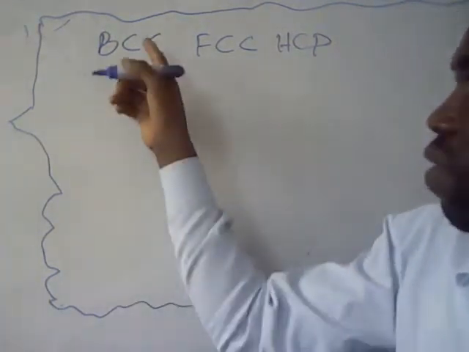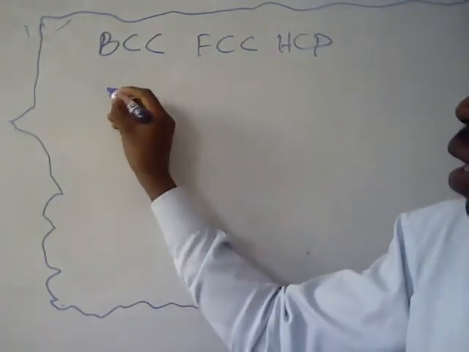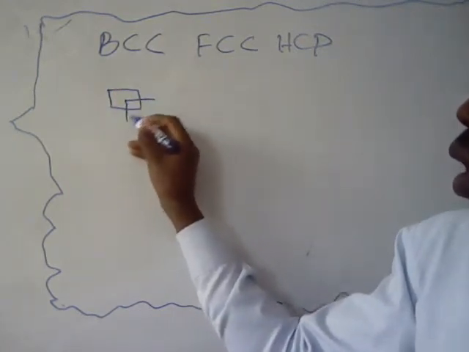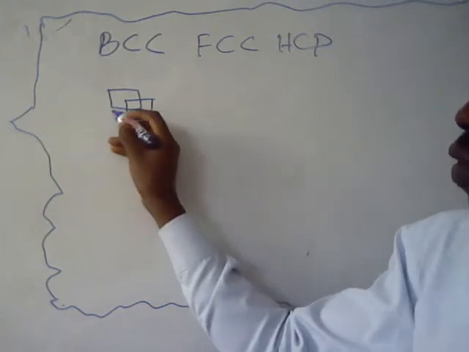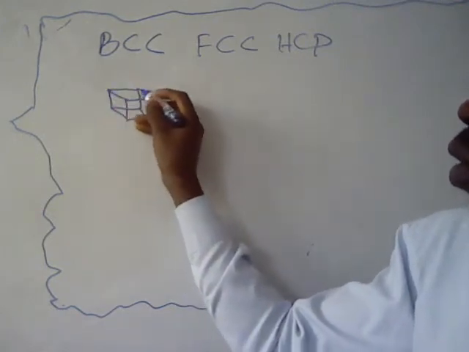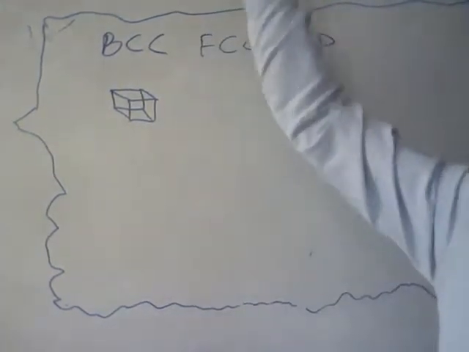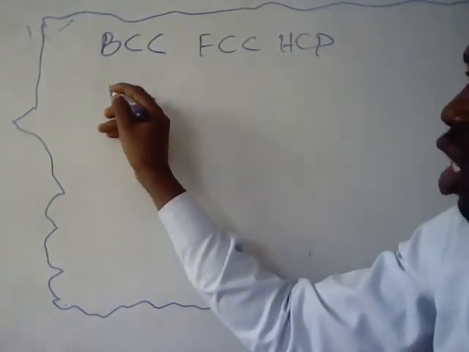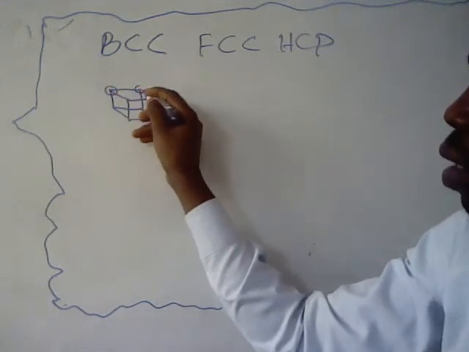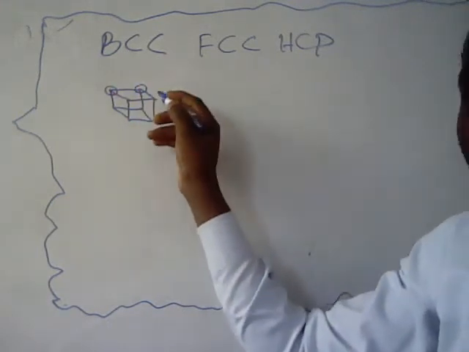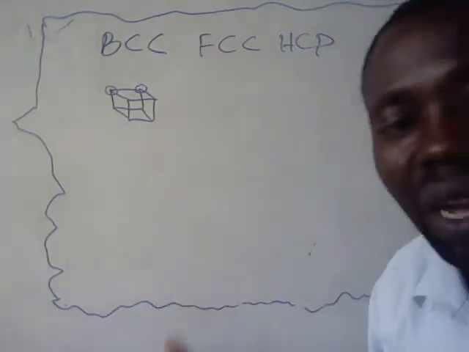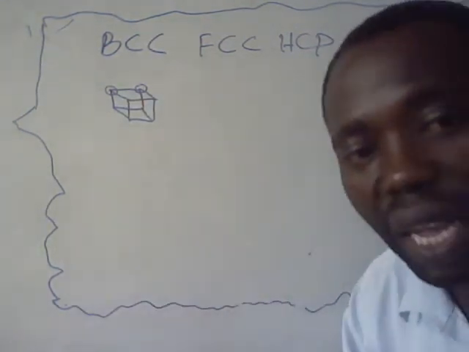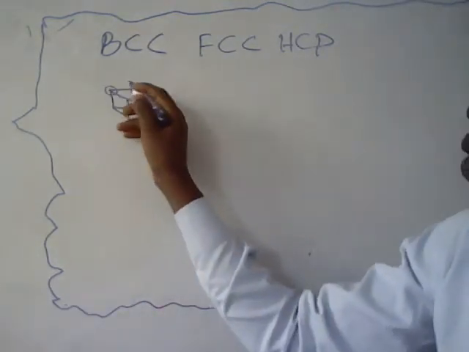Okay, so the body-centered cubic is just like this. Draw a cube like you've drawn in primary school. Whenever we have identical particles at each of the corners, the particles are ions, like sodium ions and chloride ions.